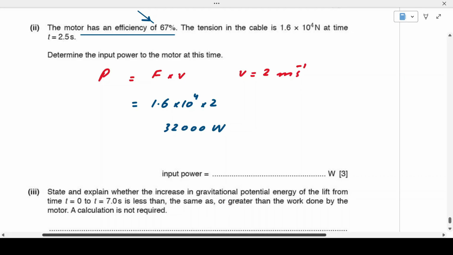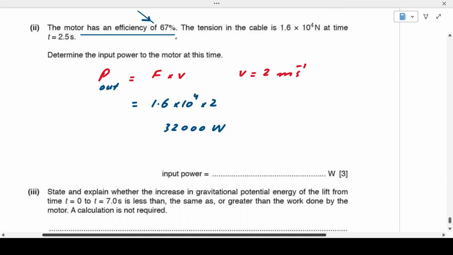So the situation is the motor is supplying a power of 32,000 watt to the elevator. The motor is supplying this much. How much power should the motor be getting originally?